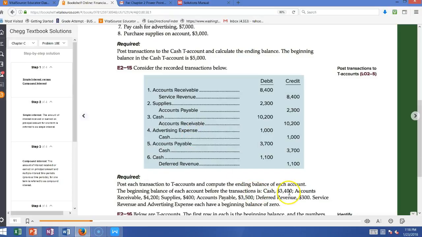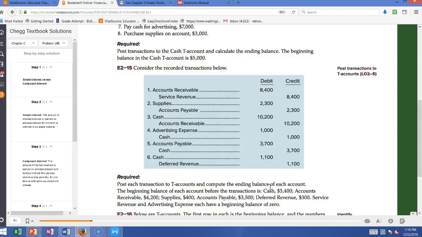Do you see that? So you need to look down here. Required. Exercise 215. Post each transaction to T accounts and compute the ending balance of each account. The beginning balance for each account before the transactions. So we want to do this first. So the beginning balance of cash is $3,400. Are we going to put that on the debit side or on the credit side?